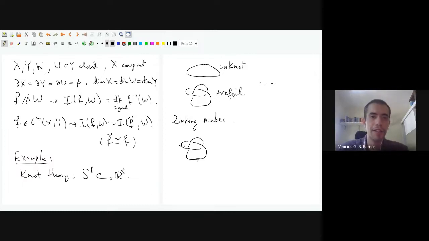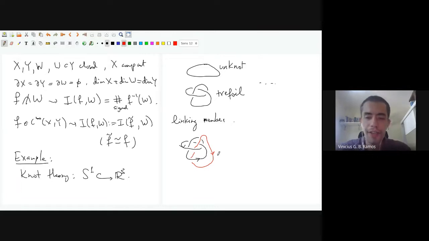And if you take another knot, say I take this other knot, then there's something called the linking number, which basically is telling you how many times the two knots are connected.